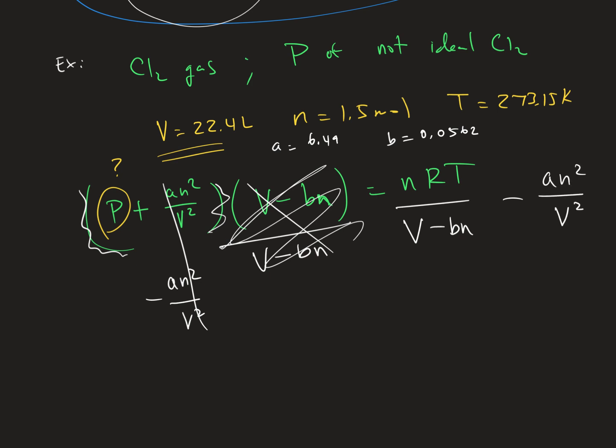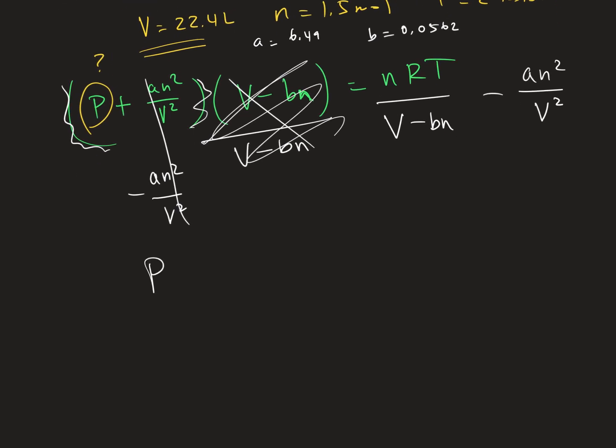If you want to write this down, you can. Then it saves you a little bit of algebra, right? So our pressure is equal to nRT over V minus bn, minus an squared over V squared. And our V is our volume, right? All right.